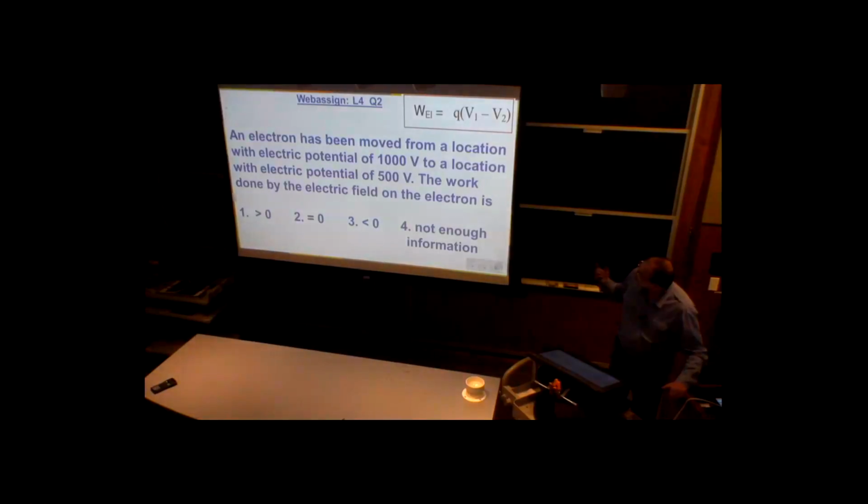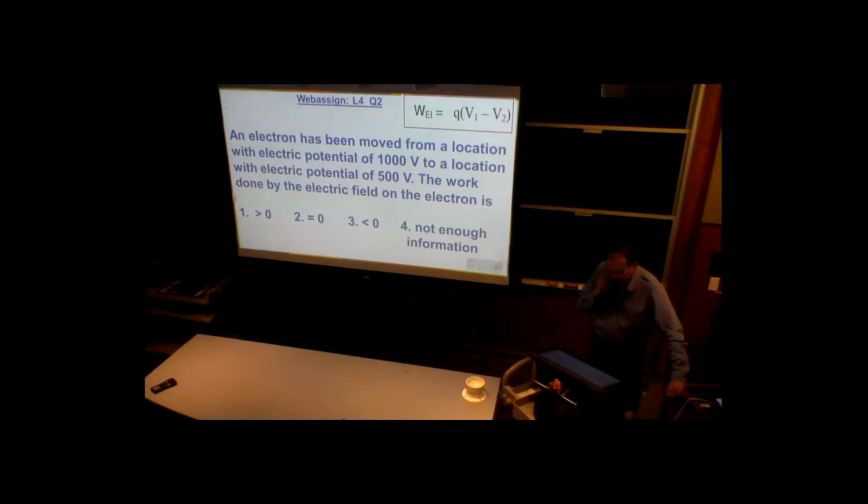And a question to you is about work done by an electric field on an electron when the electron has been moved. How? We don't care. Maybe it was magic. Maybe someone physically moved it.